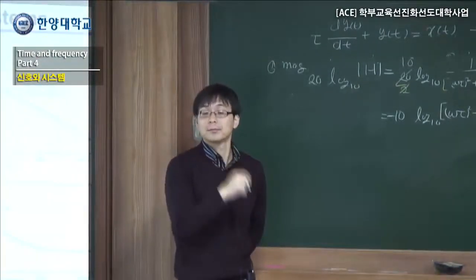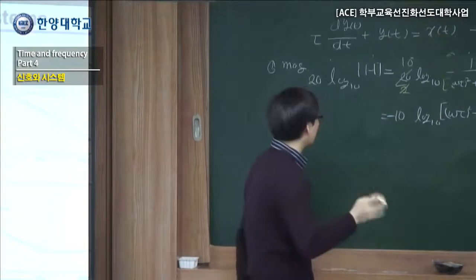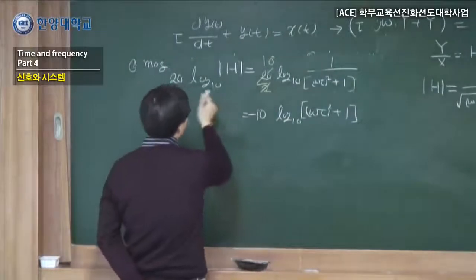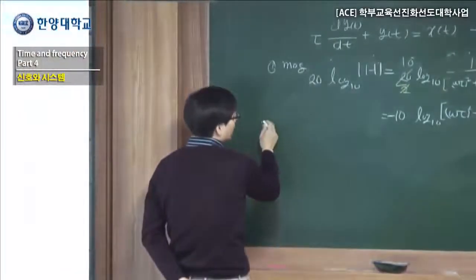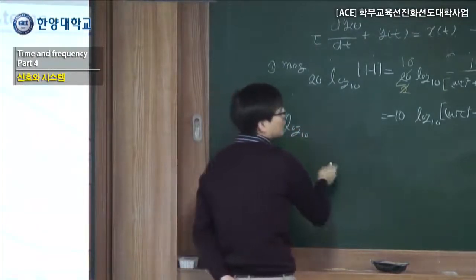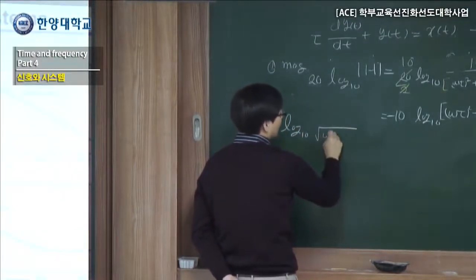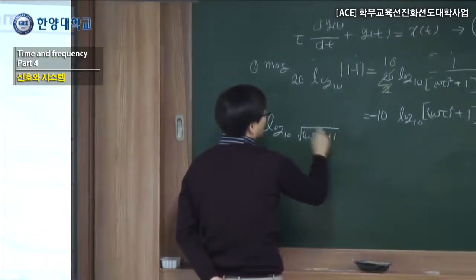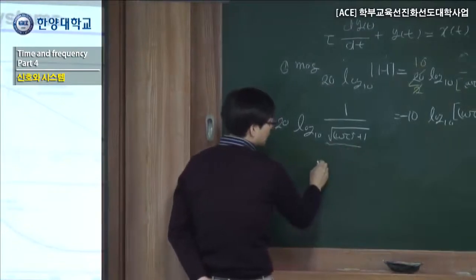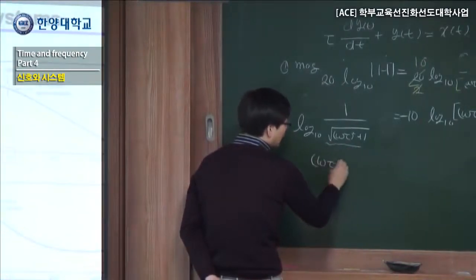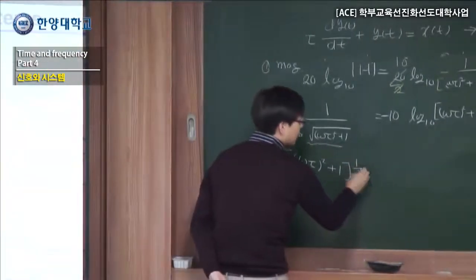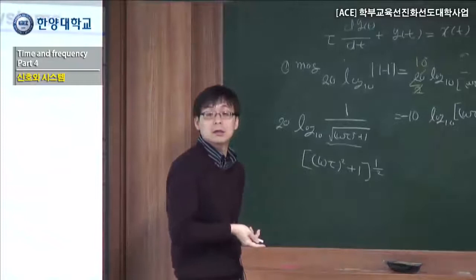Question? Yeah, sure. So in here, when you put it in the system like that, I'll repeat over here: 20 log 10 of the root of omega tau squared plus 1. If you rewrite this part, you can think of it as omega tau squared plus 1 to the power of half, right?